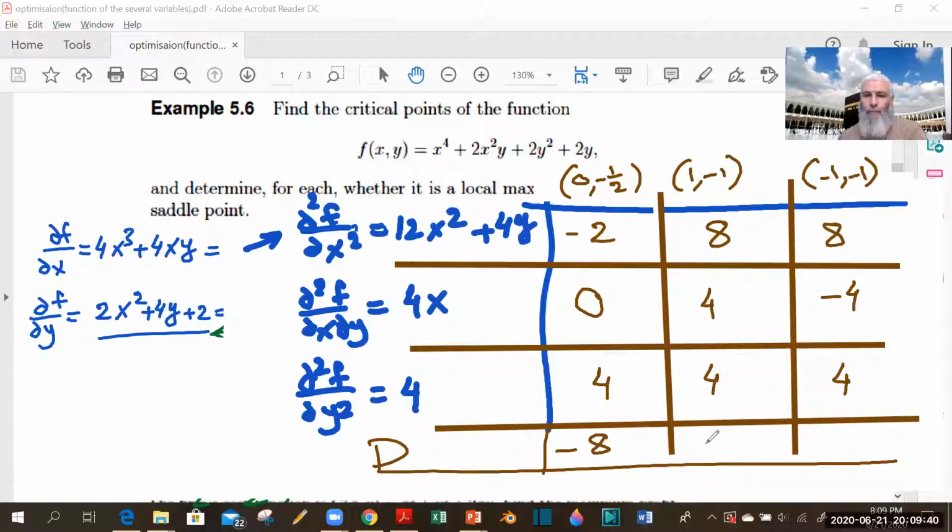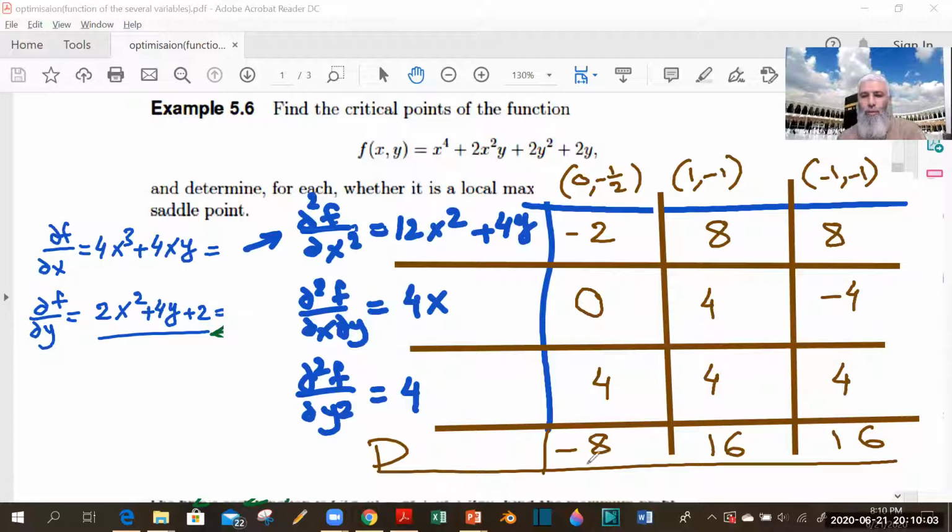Then 32 minus 16, which would be 16. And 32 minus 16 also would be 16.